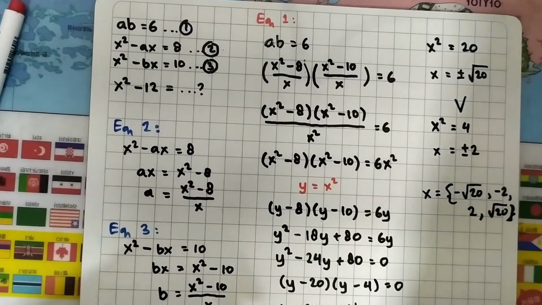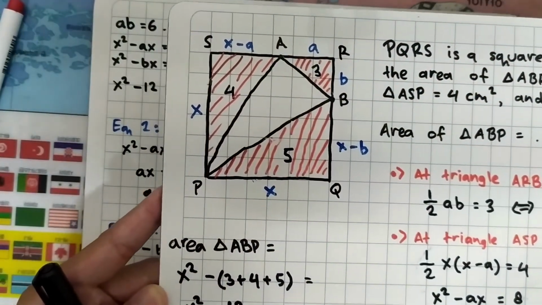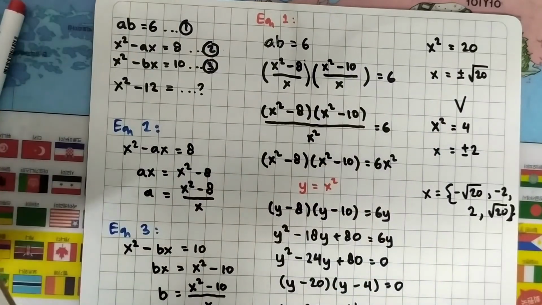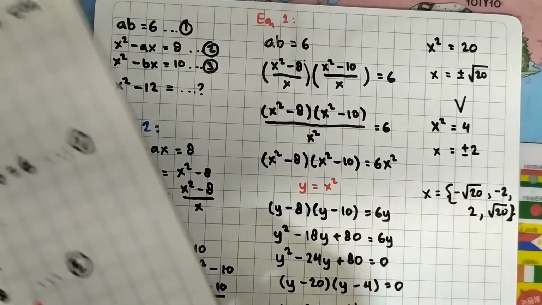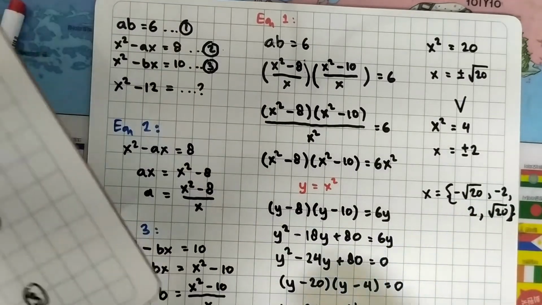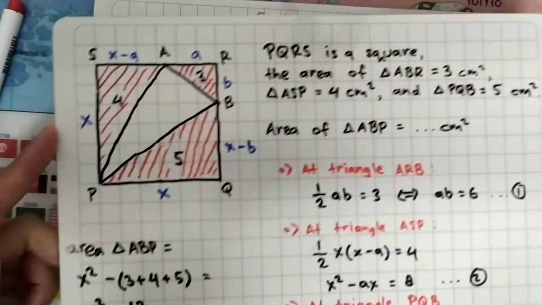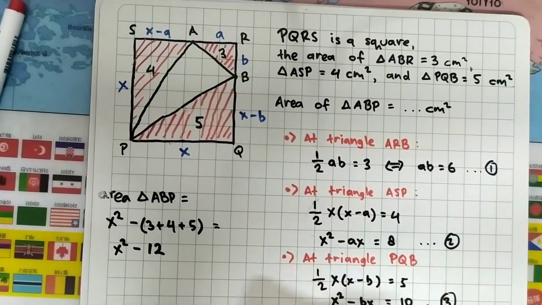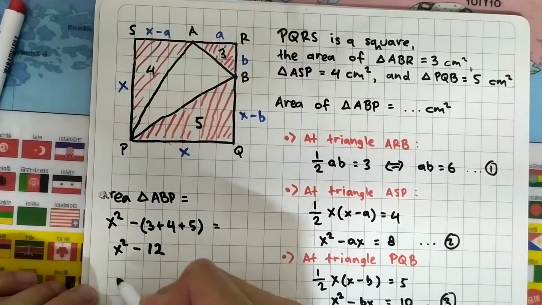So the area of ABP is x squared minus 12, so we have to find out which one makes sense. If we have x is minus square root of 20, x squared will be 20.